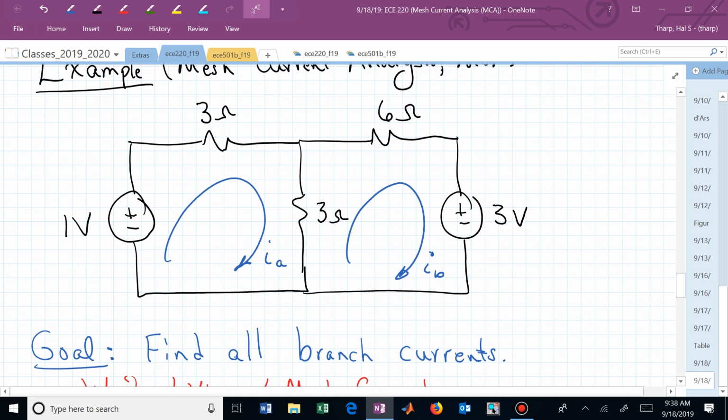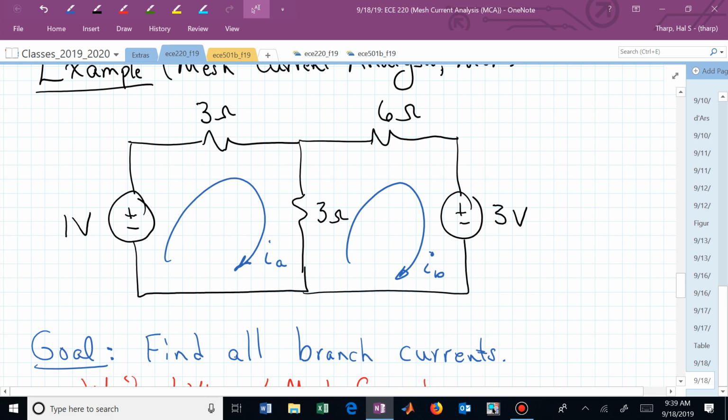What about mesh B, KVL? Starting in the lower left, just to be consistent. But you could start with the 6 ohm, and then it would be 6 times I sub B. You wouldn't have to worry about a shared current or mesh currents messing you up. But starting in the lower left of mesh B, we have 3, and now I want the drop going from bottom to top.